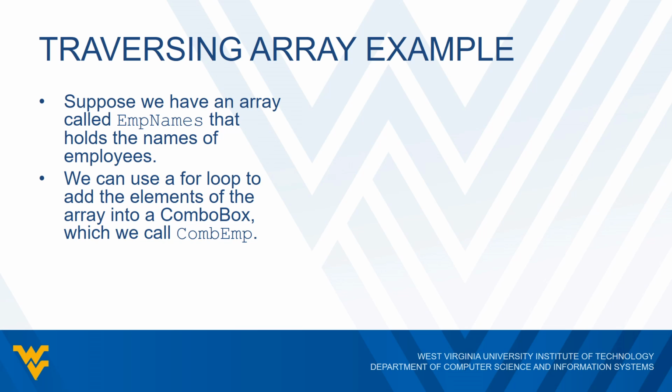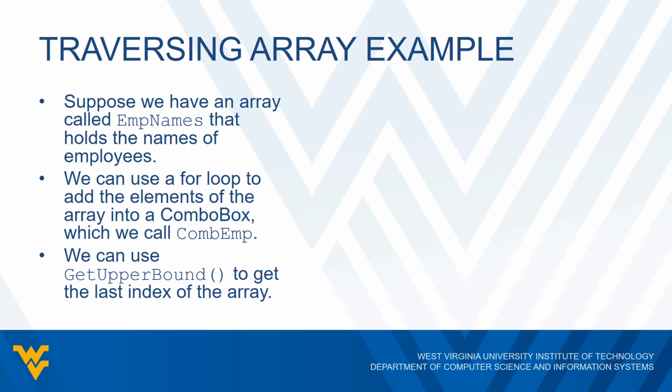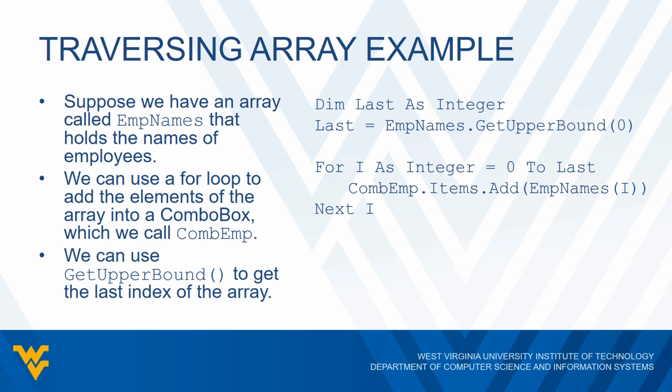This is actually a very common thing to do for business applications where you can have a drop-down menu of all of your employees. Well, if we don't know the number of elements in the array, we can use the getUpperBound method to give us the last index of the array. That way we know where we can start and where we would stop to add all of our elements into this combo box. So let's take a look at the code and see how we would do this.